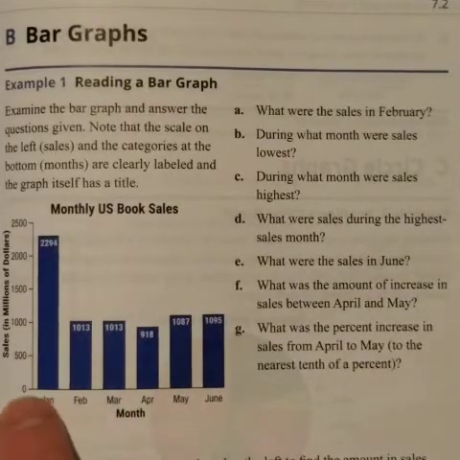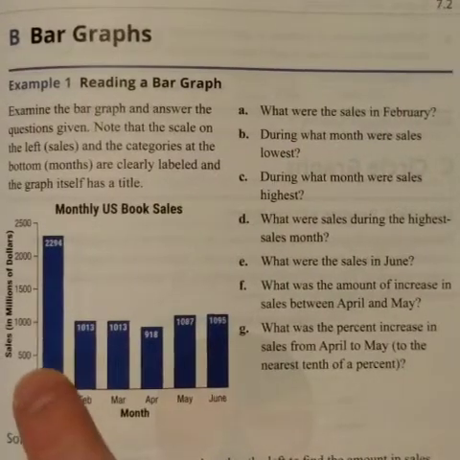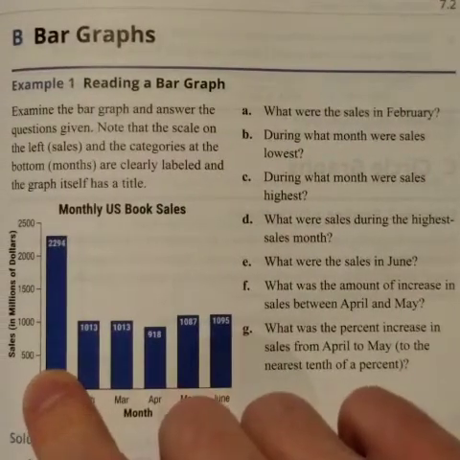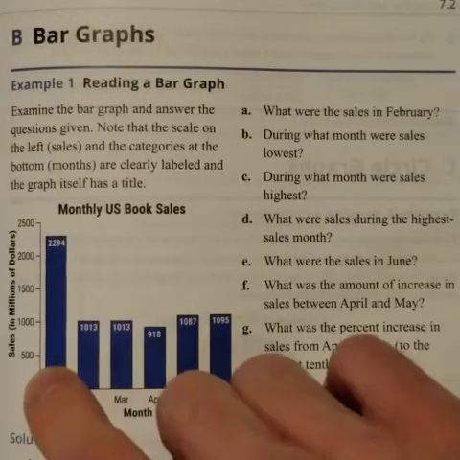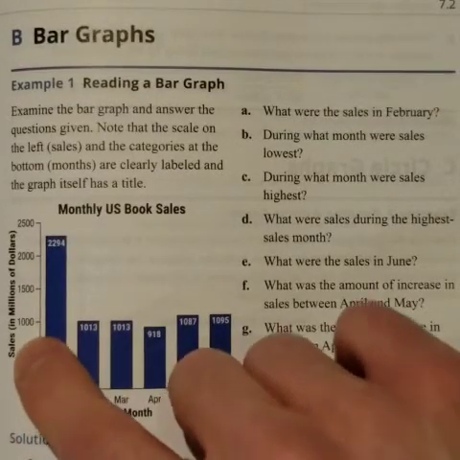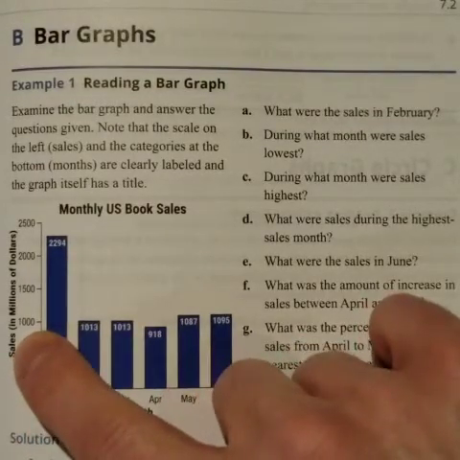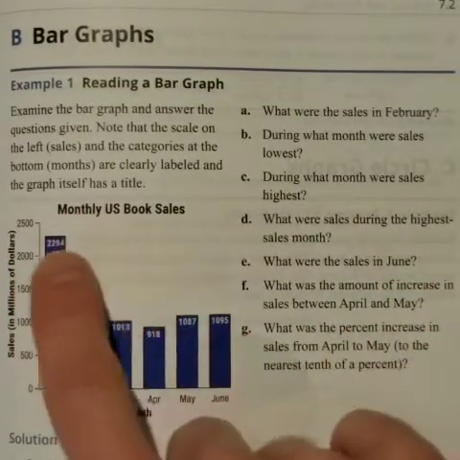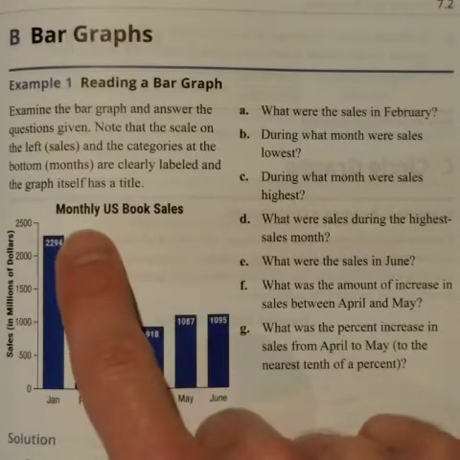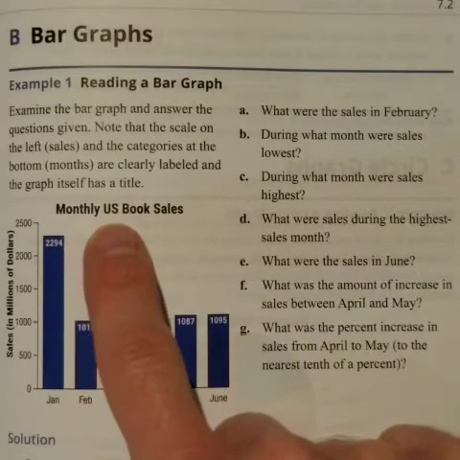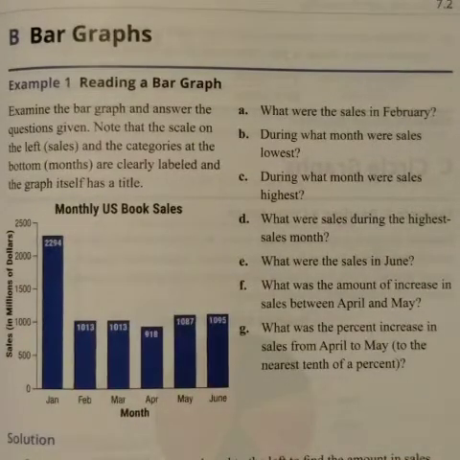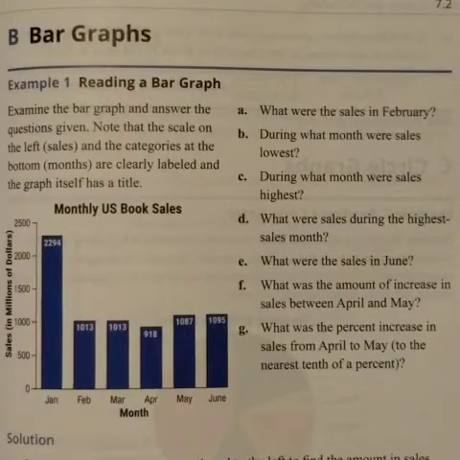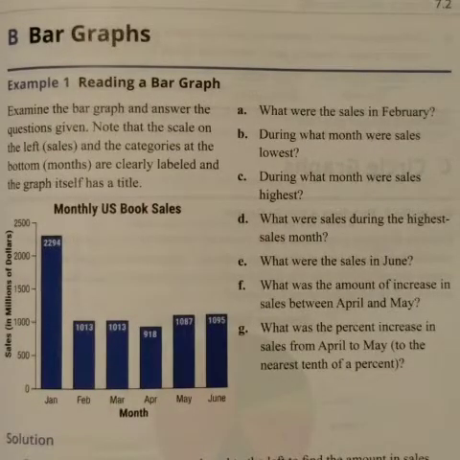Okay. The vertical axis needs to have a clearly stated description. It's the sales in millions of dollars, and of course the graph itself has a title called Monthly U.S. Book Sales. So just from that, I already understand what this represents.